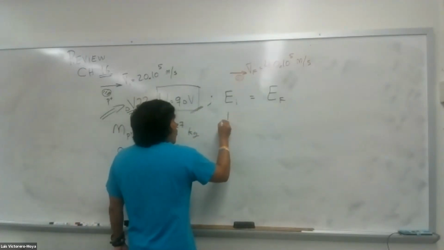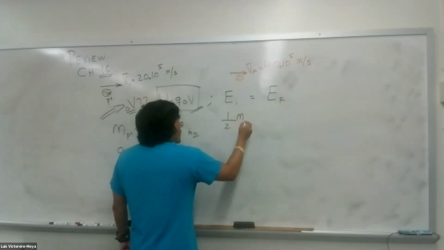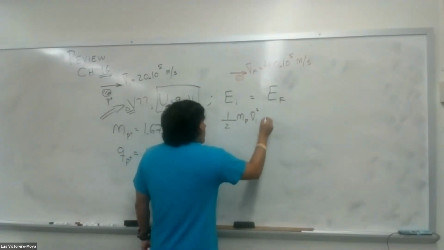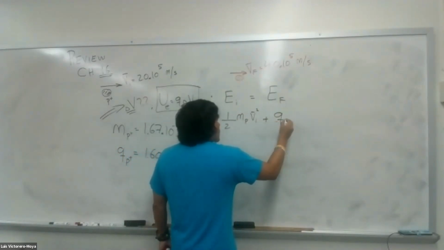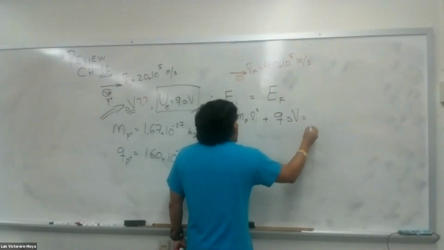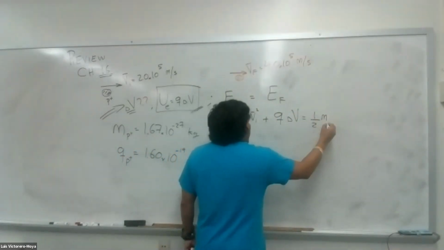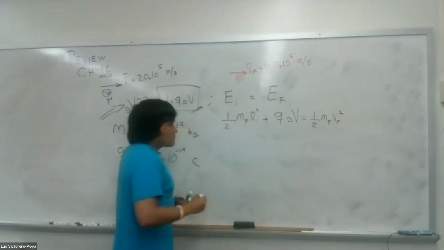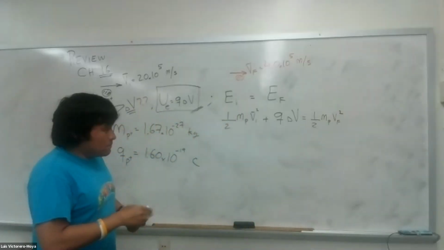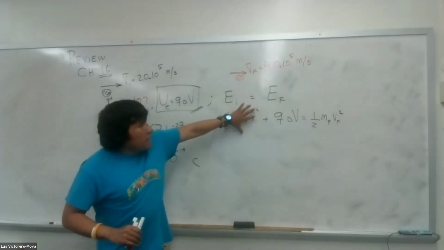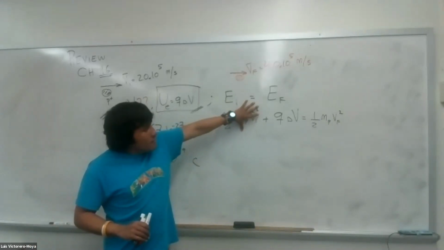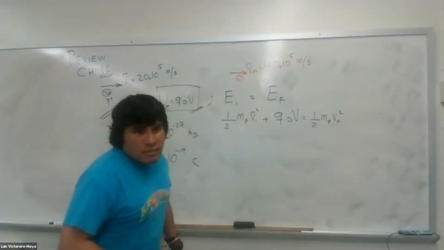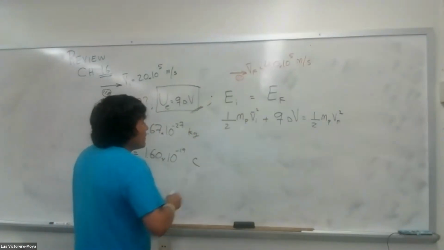So 1/2 m v initial squared plus Q delta V equals 1/2 m V final squared. Think about it. If the proton was at rest, we did a problem like this before. But now the proton has initial speed.